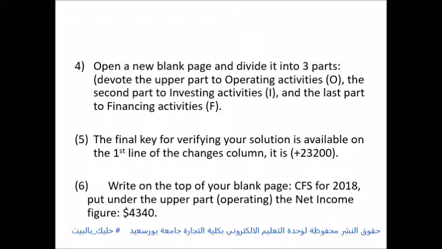Under operating activities, put the words net income, and then you have to make 3 columns: 1, 2, 3. On the second column, put the figure 400,340. By the way, please, on the top of the cash flow statement for 2018, write amounts in thousands.